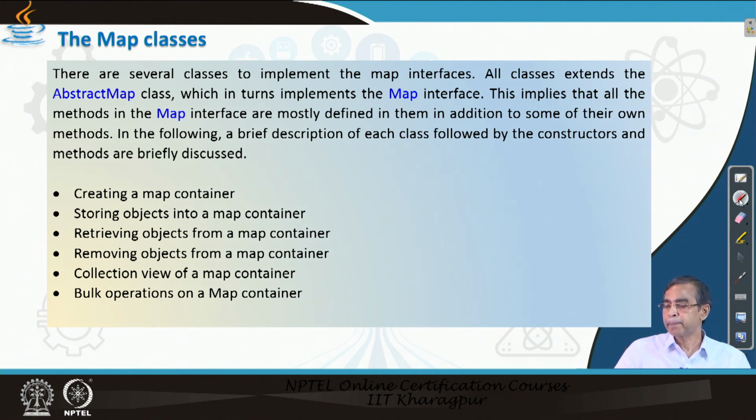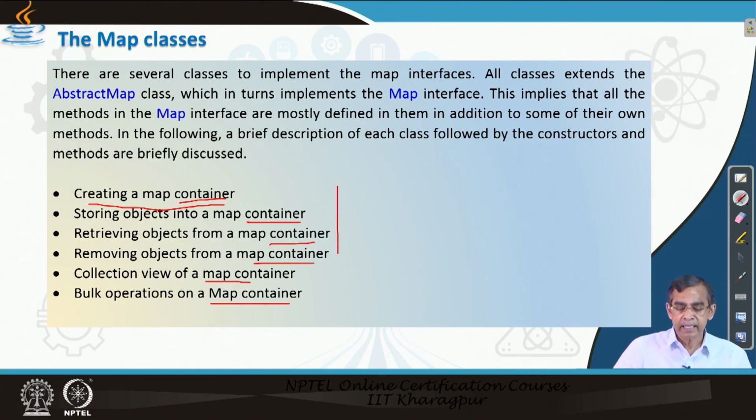And now so far as map classes are concerned, it is also called a container. How a container can be created, how a container can be sorted, how some objects in a container can be retrieved, how some objects in a container can be removed, how a container can be viewed, and how bulk operations, copying from one set to another set, all these things can be done, or a table can be copied from another table, or two tables can be merged, and so many things are there.